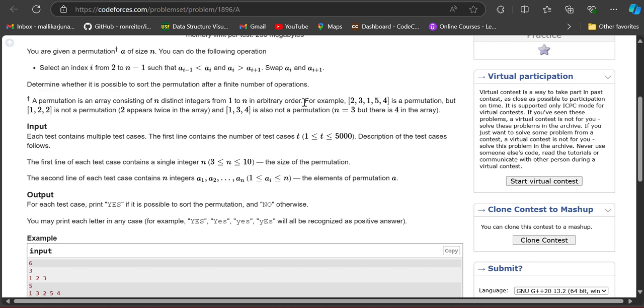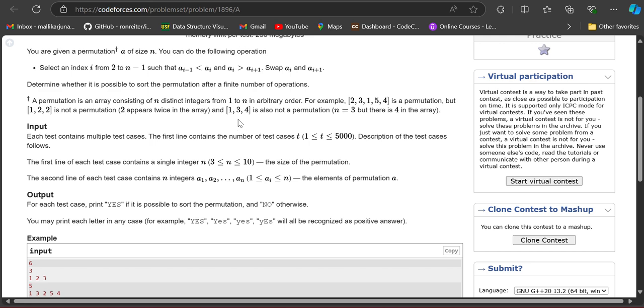Here, arbitrary means it contains elements from 1 to n. Let's say the size is 5, so it contains elements 1 to 5, then only can we say it's a permutation. Here the highest number is 4, but the length is 3, but it contains 4, so it's not a permutation.